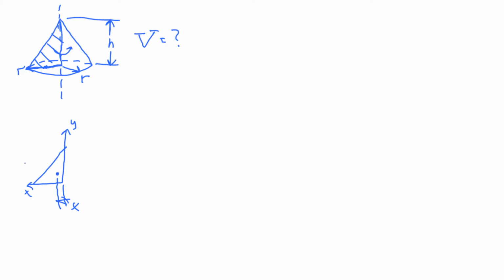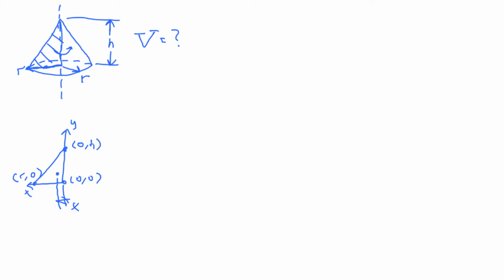The way we do that is we take the coordinates for the three vertices: 1, 2, 3. This coordinate is (0, h), this coordinate is (0, 0), and this coordinate is (r, 0). Having those three coordinates, if we average the x-coordinates, that gives us the x center of area.